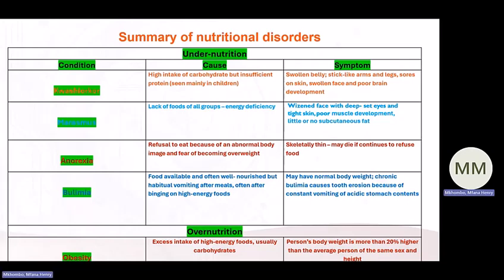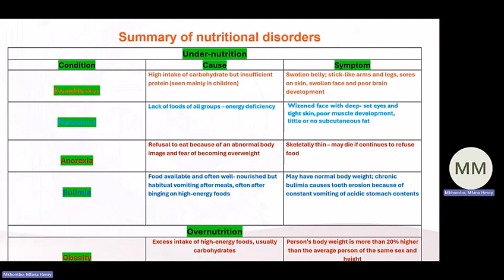The symptoms seen there are a swollen belly, stick-like arms and legs, sores on the skin, a swollen face like a moon face, and poor brain development. So that's one nutritional disorder.